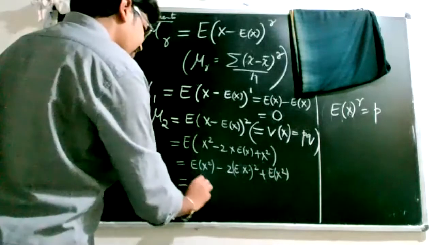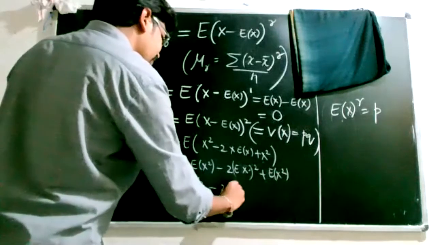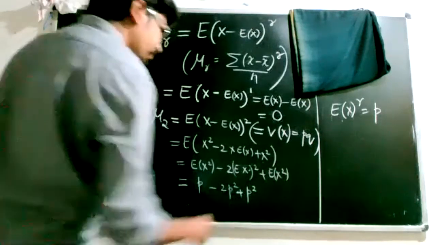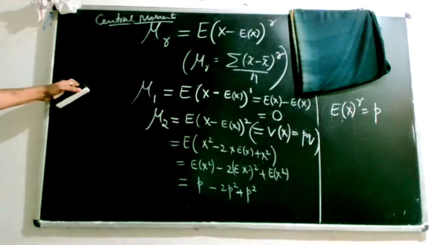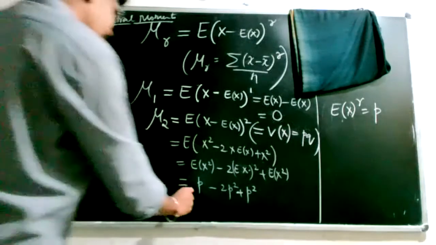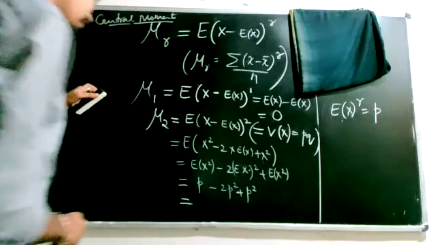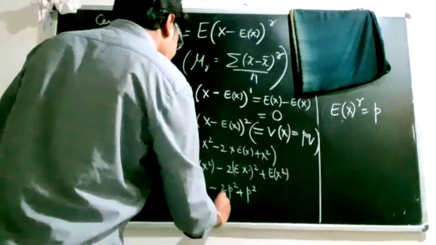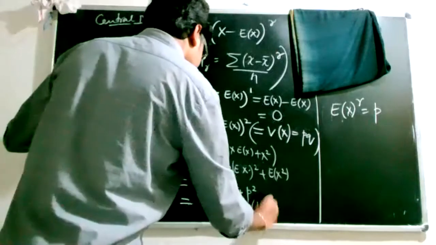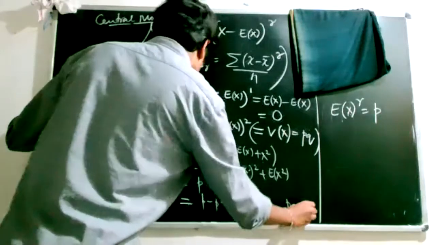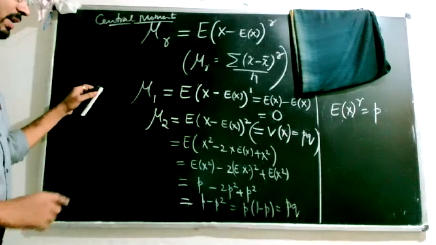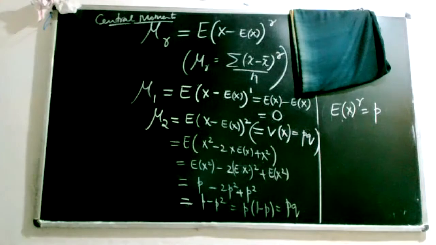So this becomes p minus 2p square plus p square. So you have p minus p square, which is p into 1 minus p, which is pq. So this is the other method of obtaining the variance directly using the definition of mu.